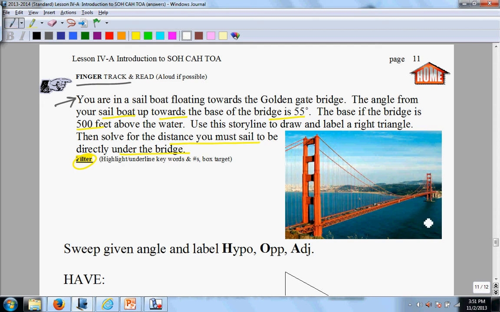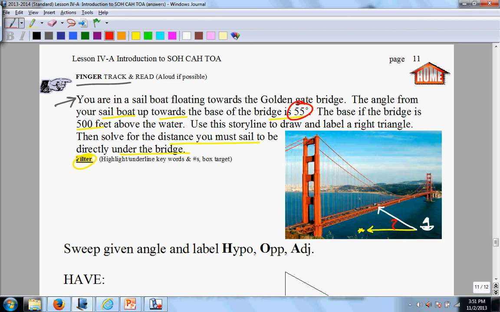So what's going on here is that you're a sailboat in the bay, and you are sailing towards the bridge along the water. And your goal is to get directly under the bridge, because it's a beautiful view. From you to the base of the bridge, we're told the angle is already 55 degrees.